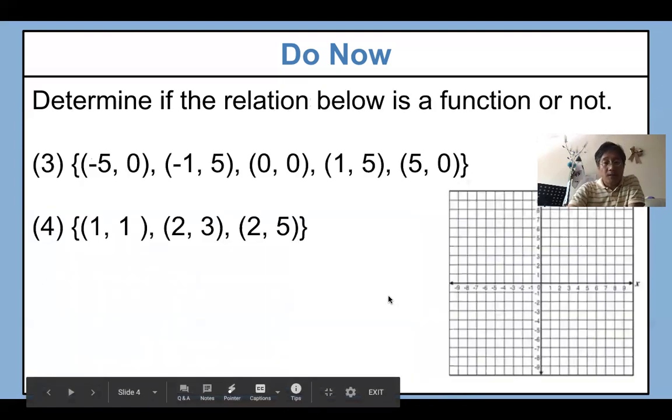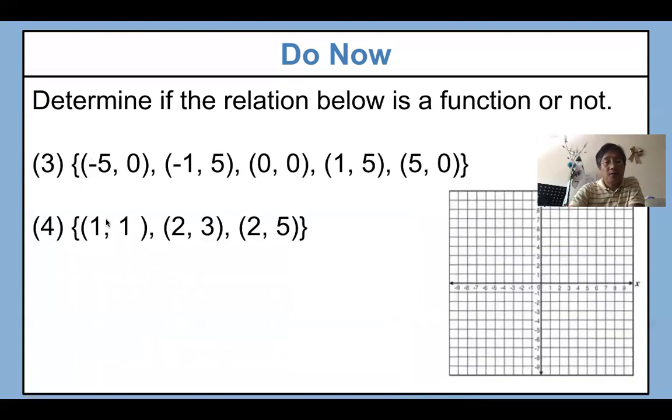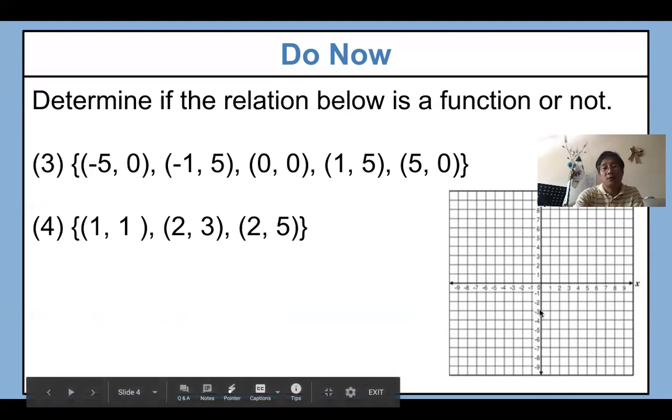So how about this? When you have coordinate points, how do you determine this? If you know how to do it by taking a look at this, you can determine the function. It's okay. If not, there's another way: you can plot these points on the coordinate plane. That's why I gave you the coordinate plane here.